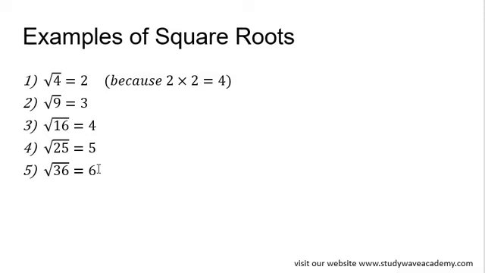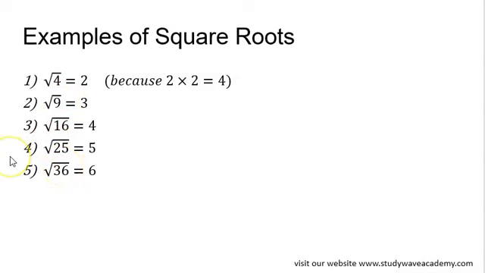Remember, square root is when you multiply a number by itself, and it will give you that number. Just like we did here, 2 times 2 will give you 4. We multiplied 2 by itself, and it gave us 4. So these are the square roots of 4, 9, 16, 25, and 36. These are the numbers that, when they multiply themselves, will give you these numbers.